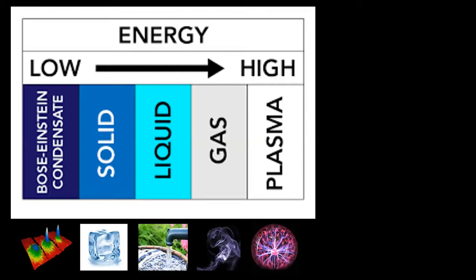If particles have enough kinetic energy to partially overcome the force of attraction between them, the matter exists as a liquid. The particles can slide past one another, but not pull apart completely. This explains why liquids can change shape, but have a fixed volume.